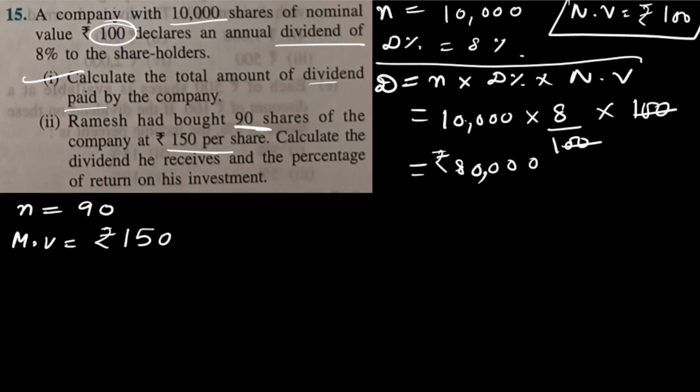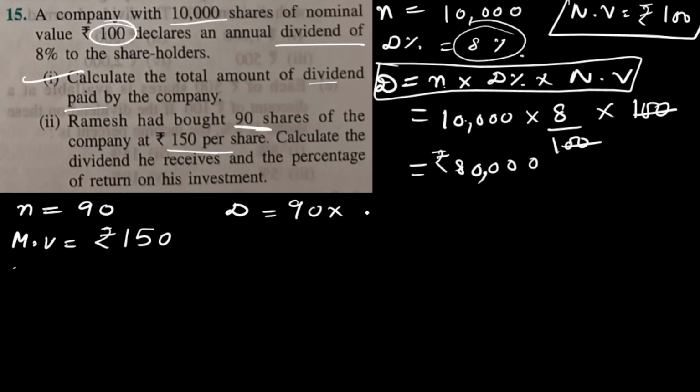Again, the dividend's direct formula is there. We can use that formula. So dividend is equal to, and now I have already written the formula here. Dividend is equal to n into dividend percent into nominal value. Number of shares is here 90. Dividend percent is the same because this is the same company they are talking about. So dividend percent is 8%, 8 by 100. And nominal value is also given to us.